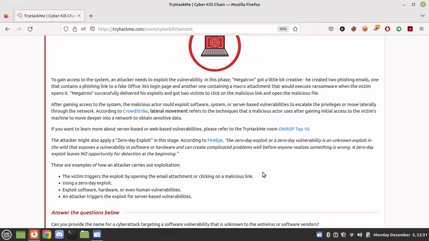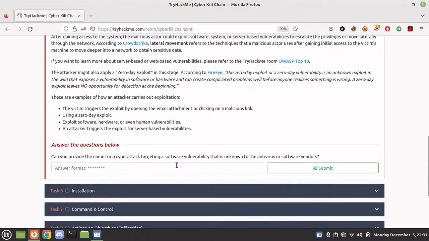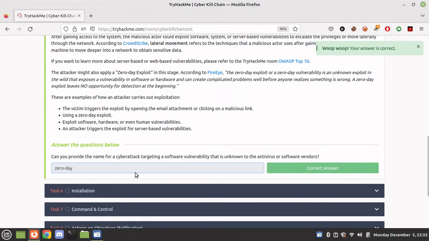They didn't test it, they released it, they left some loopholes. So someone else exploited it. Now it's a zero-day attack. It's zero day.